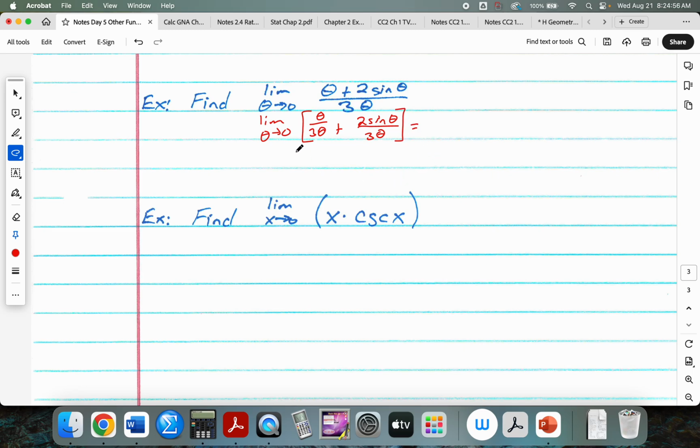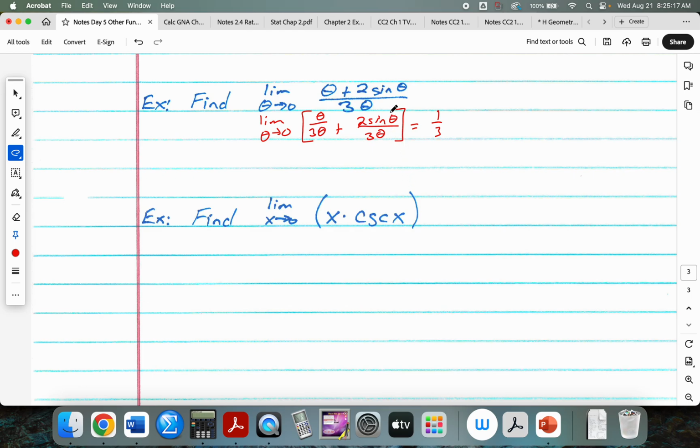As theta goes to 0, well, everywhere except at theta is 0, what's theta over 3 theta equal to? 1/3. Because theta over theta, everywhere except at theta is 0, is 1, right?